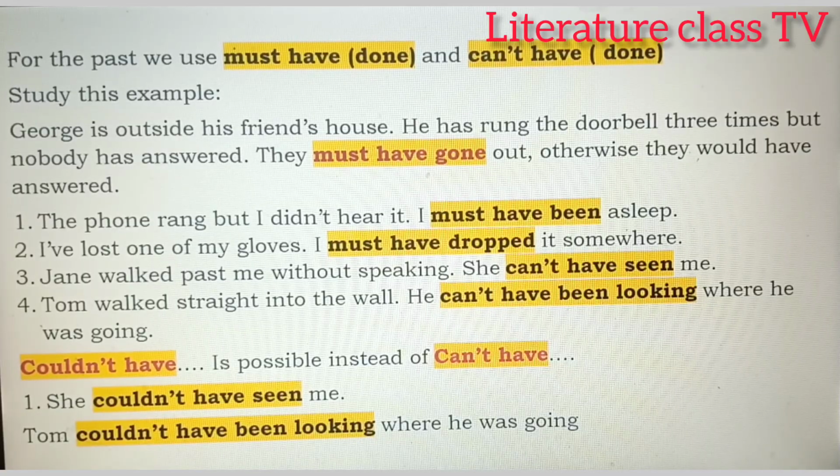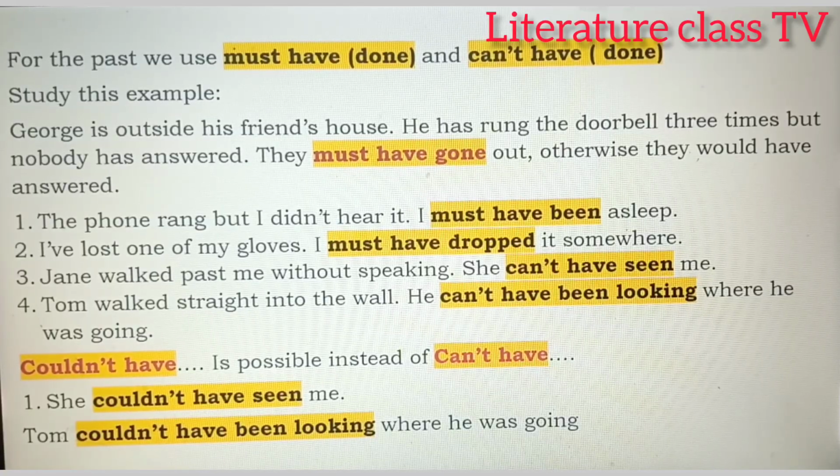If they were at home, they could have answered, but they must have gone out. They weren't at home. That is an example situation. Example 2.